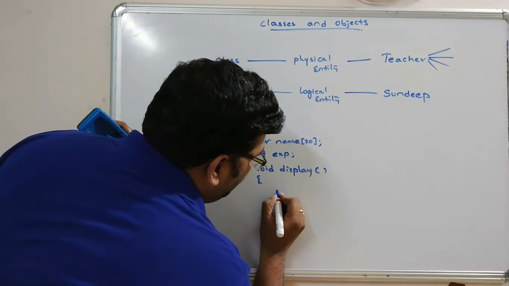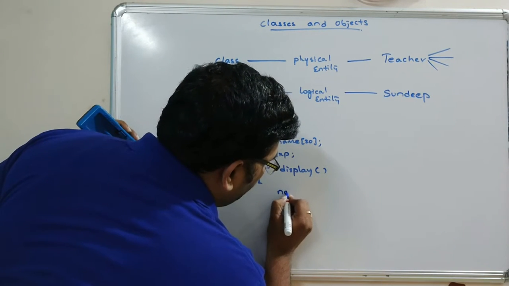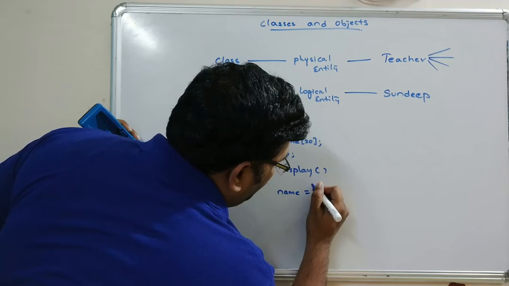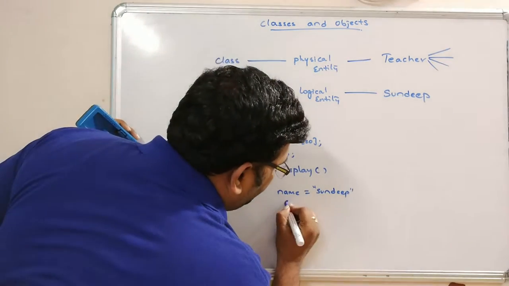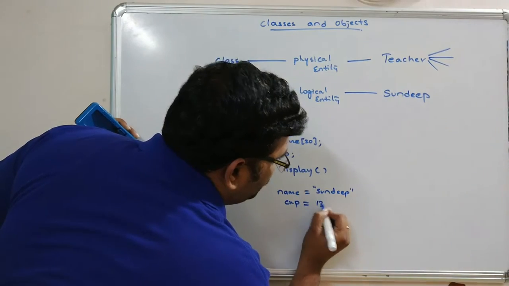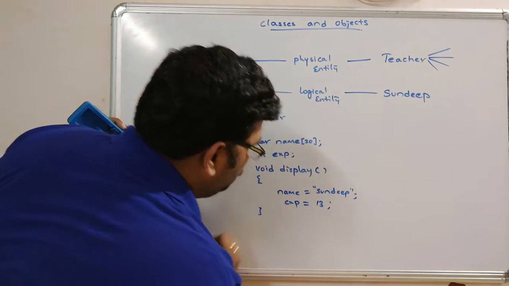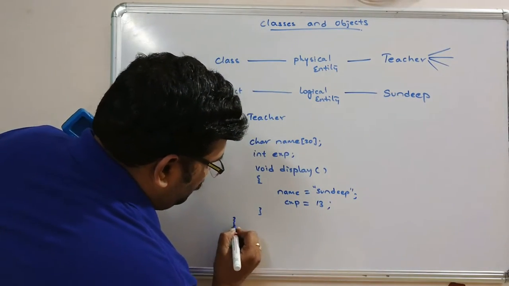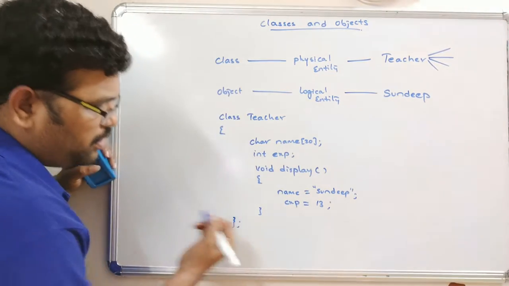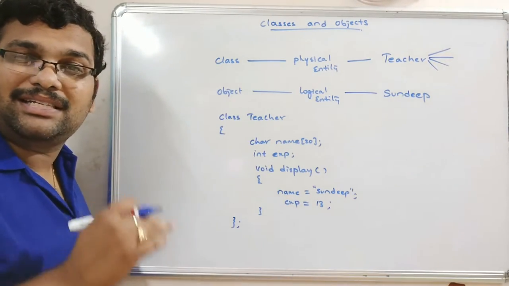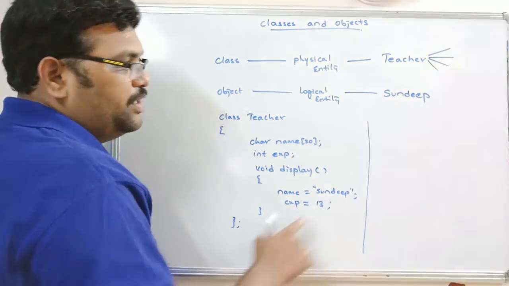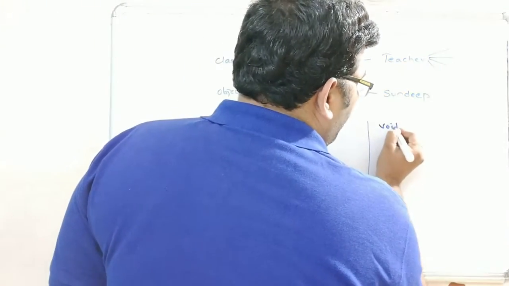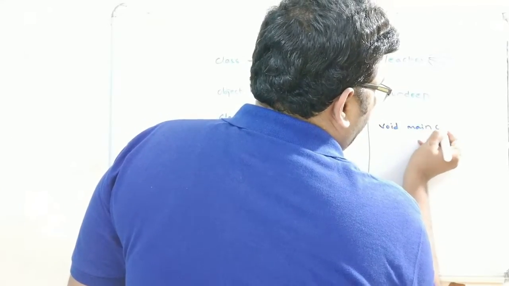Here we can write name is equal to Sundeep, experience is equal to 13, and close. And the class should be closed with a semicolon, just like a structure. After completion of this, we have to write the main function. So void main.